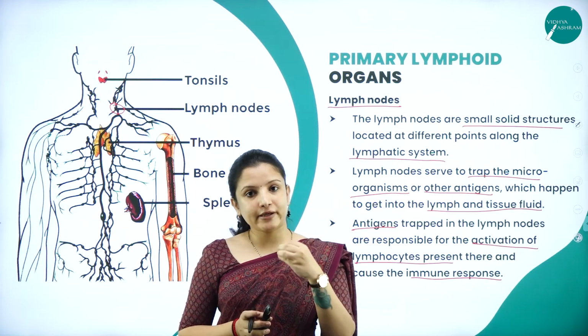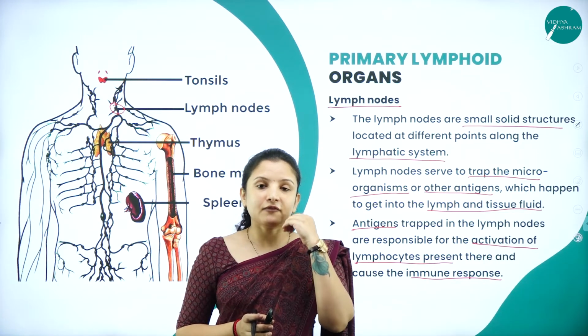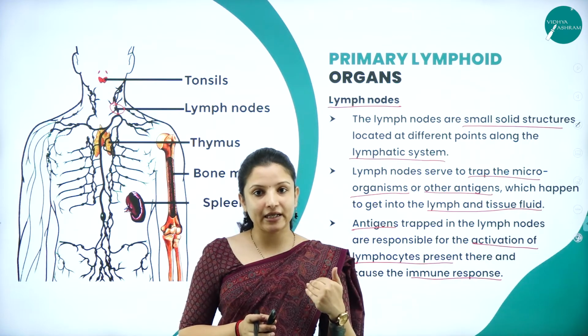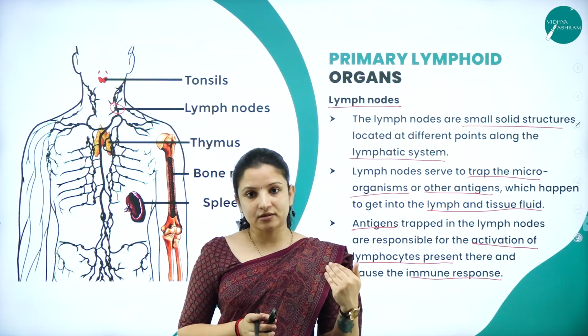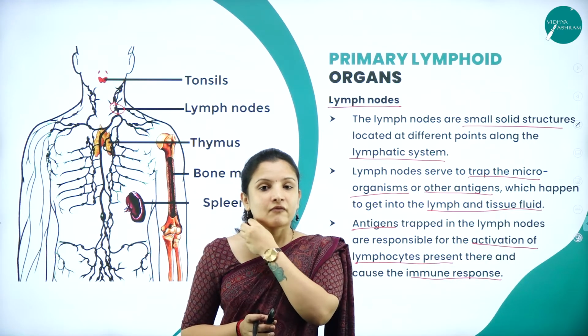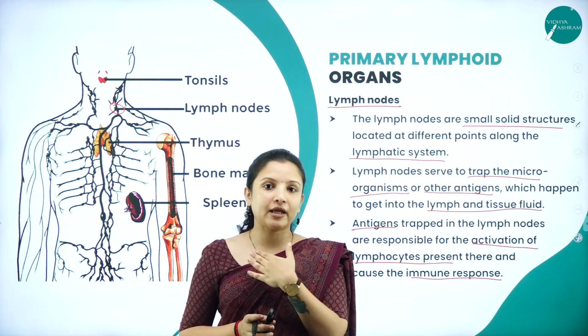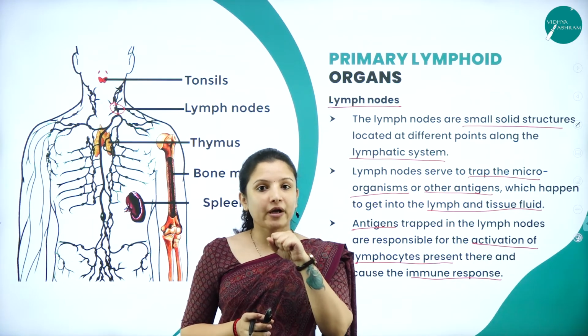So when that influenza virus enters into the body, the influenza virus should not spread to other parts, right? That is the time the lymph nodes will swell. Why will it swell? Because in that particular lymph node, somewhere in the neck, it will trap those microorganisms.